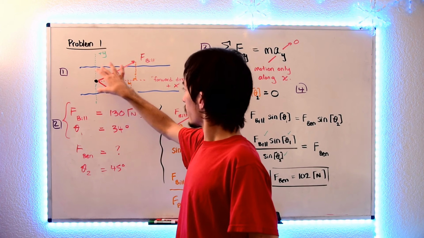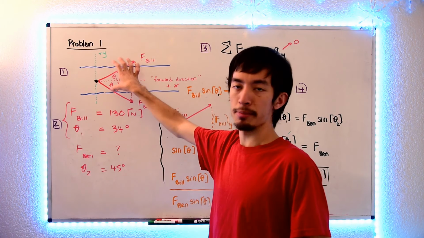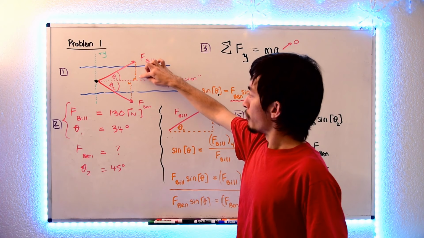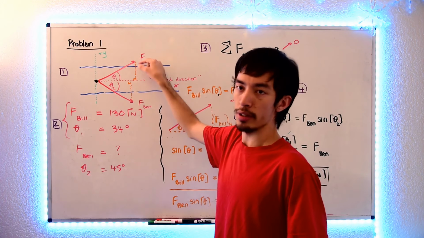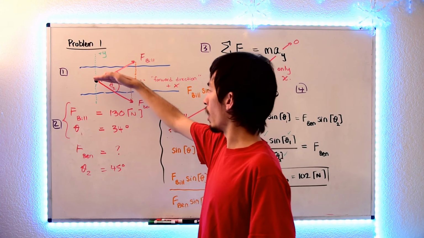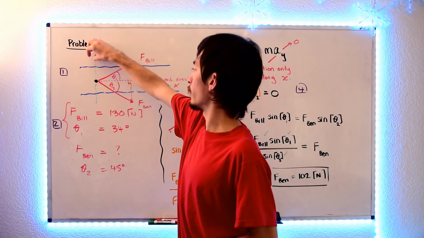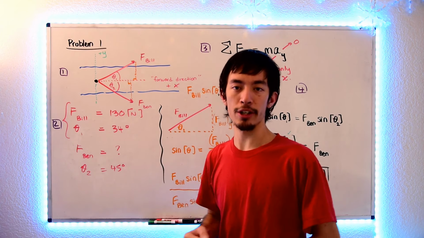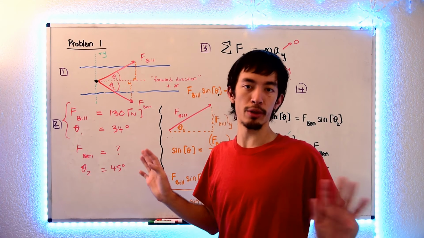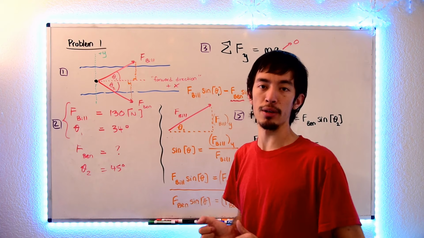But in this situation, based on how it's being pulled, remember that the y direction components of these forces cancel out. We don't want this object to be moving at all along the y-axis. So the acceleration along the y, if it's never going to move, is 0.